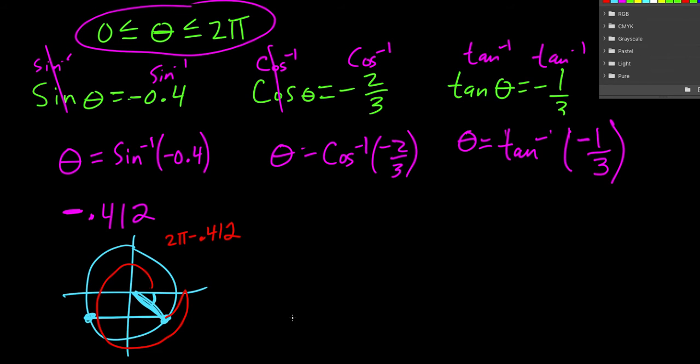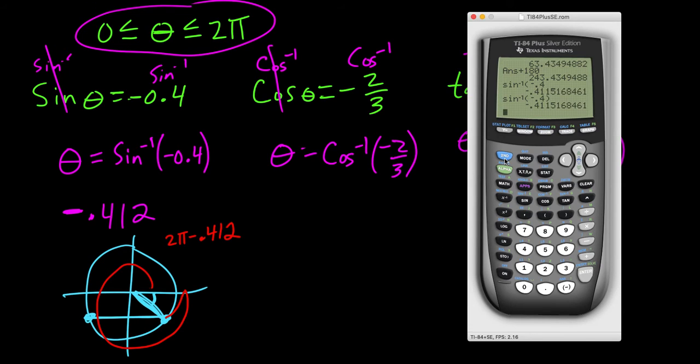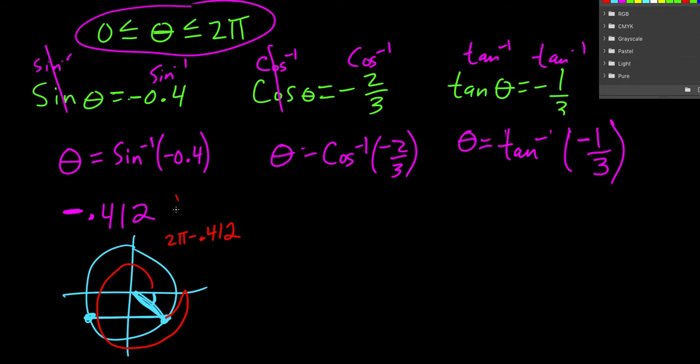That's actually how we get our first answer. It's a little more complicated. So we're going to say 2 times pi, plus my previous answer because it's negative. And that's going to give me 5.87. So first answer, 5.87.